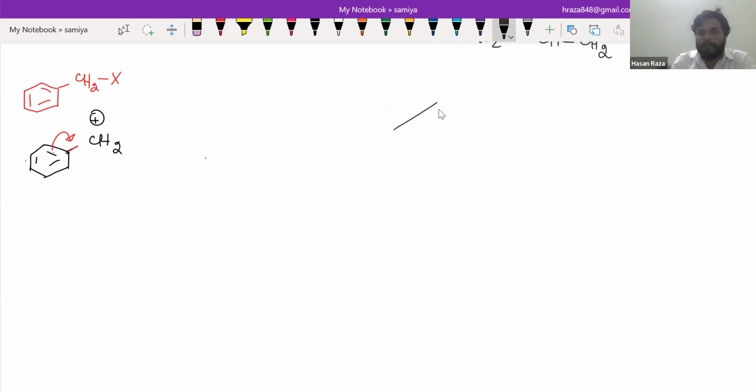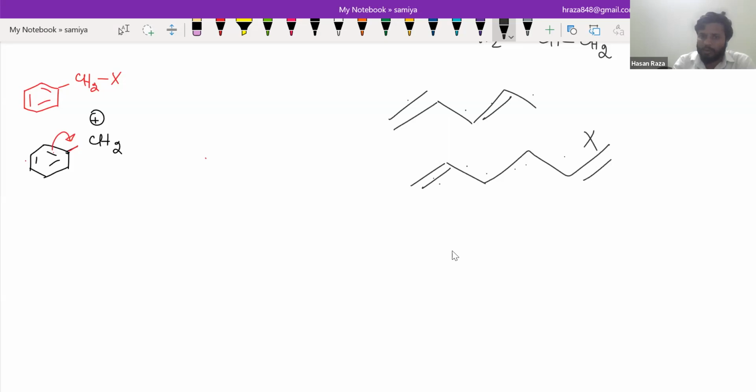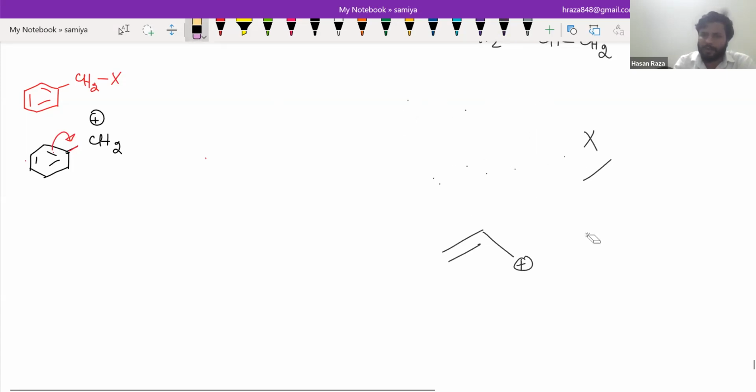If you have conjugation of double bond like this, double, single, there will be resonance. If there is no conjugation, like double, single, double, single, double, there will be no resonance. So see, double, single, and then carbocation, so there will be resonance. There are some conditions for resonance basically. Okay, so see what happens here.